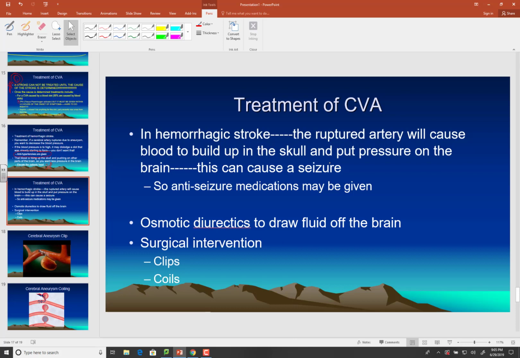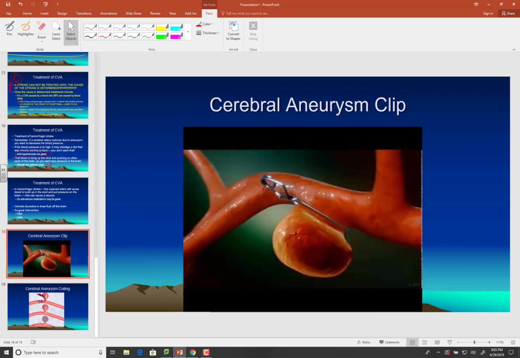And the two surgical interventions, if they can get at it, sometimes they can't, are clips and coils. So here's a clip. What they will do is find the aneurysm and clip it off, just like a hemorrhoid.